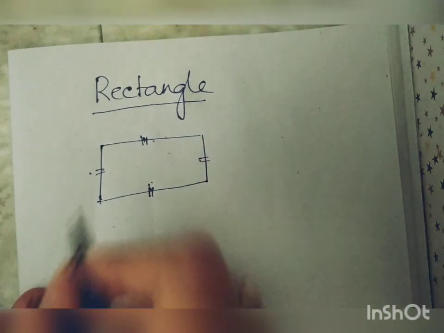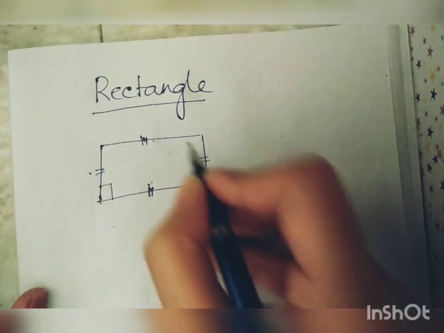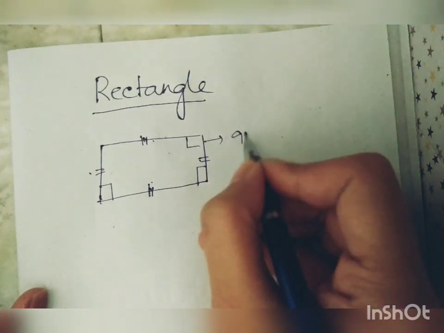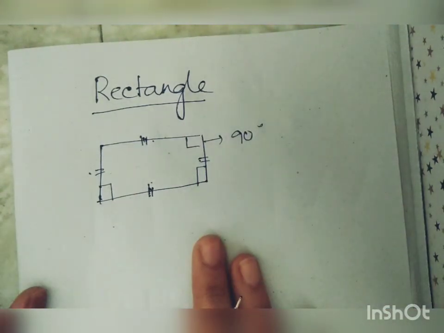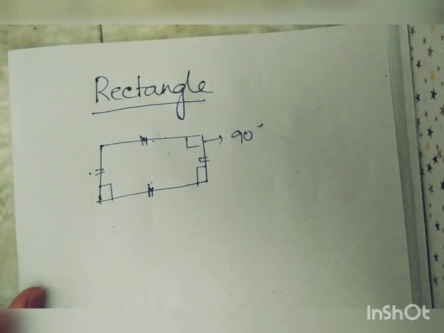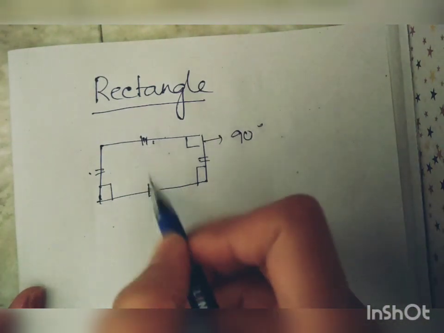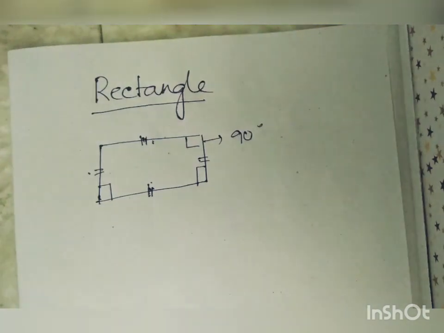And secondly, all the angles will be 90 degrees. So a rectangle is a quadrilateral that has pairs of opposite sides equal in length and all the angles are 90 degrees.